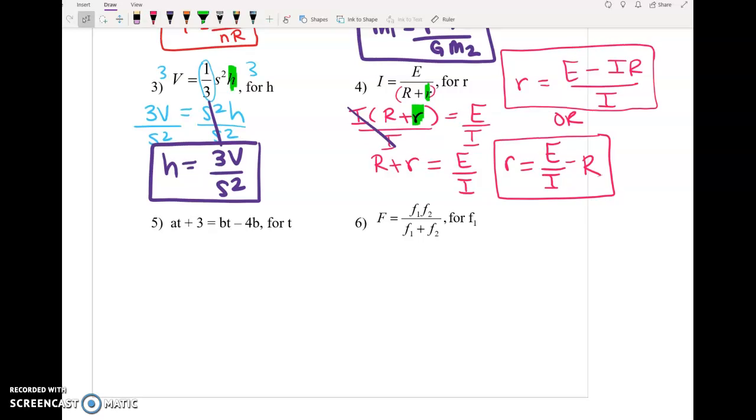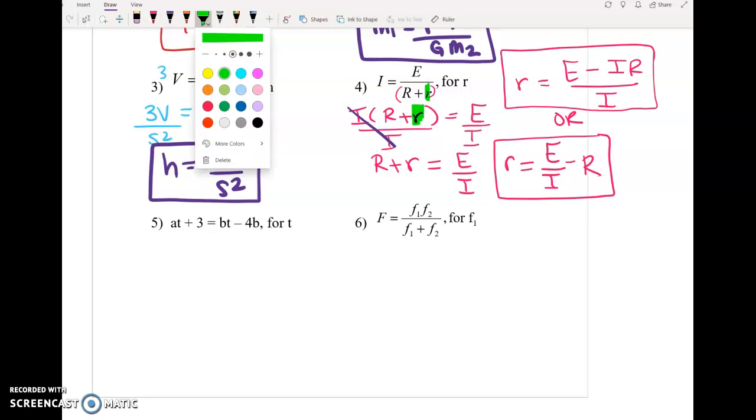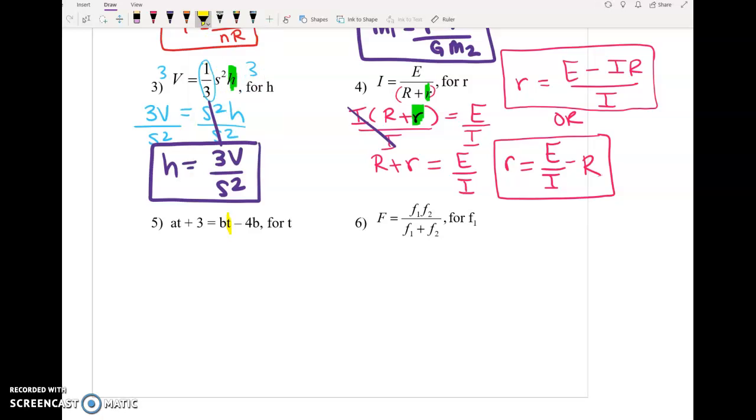All right, number 5. We are searching for t, and t is in 2 spots, here and here. So we're going to move any term that has t to one side and anything that does not have t to the other side. So let's move our t terms to the left.